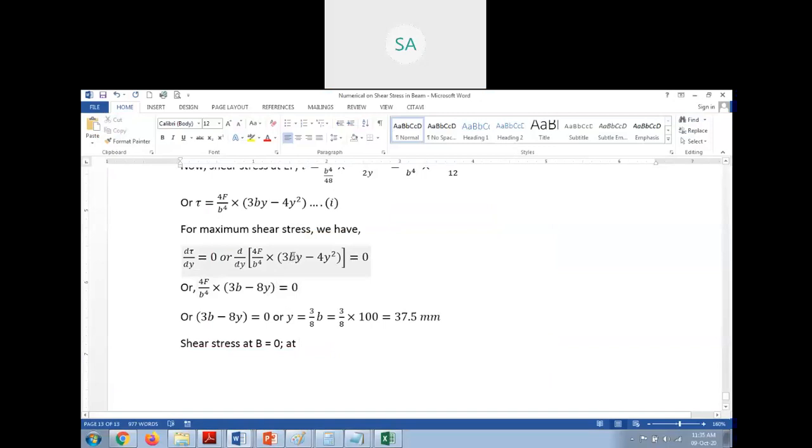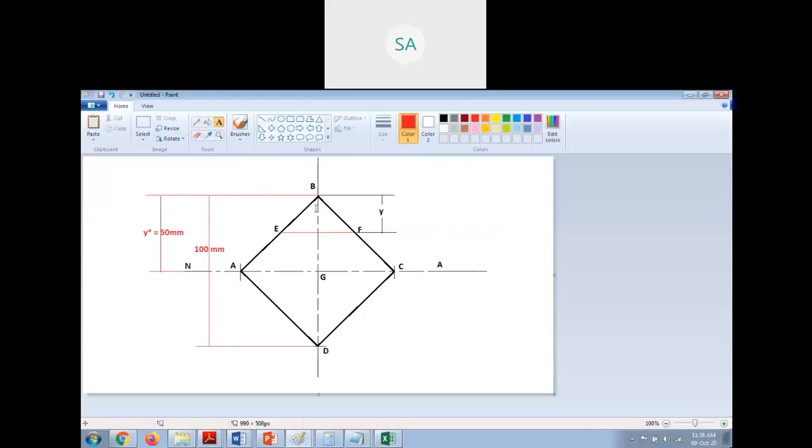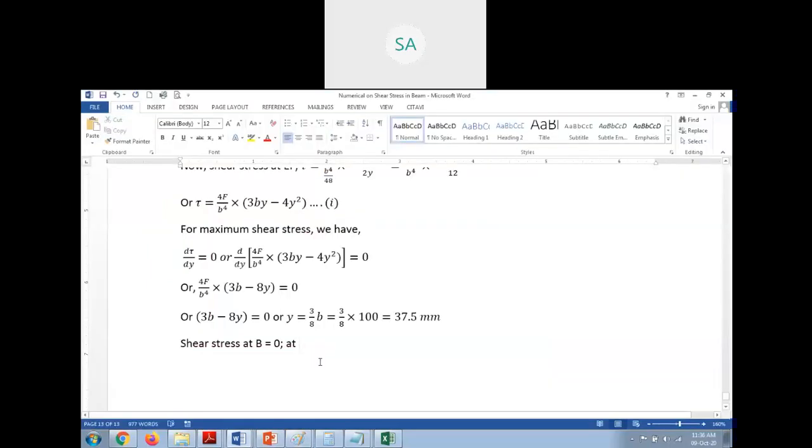So this will become 3b square minus b square. Sorry, we'll not go till there. It is only till this point because this is applicable till the neutral axis. So again, when you start from this side, here also you will get 0. At D, directly say B and D, it will be 0.